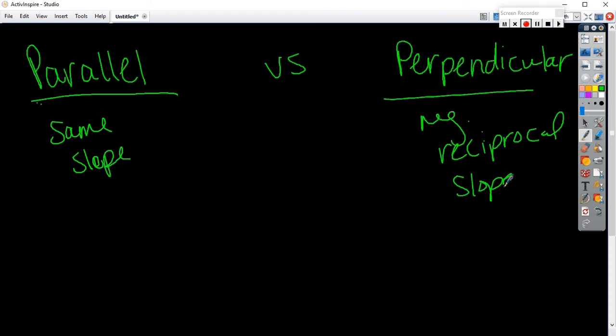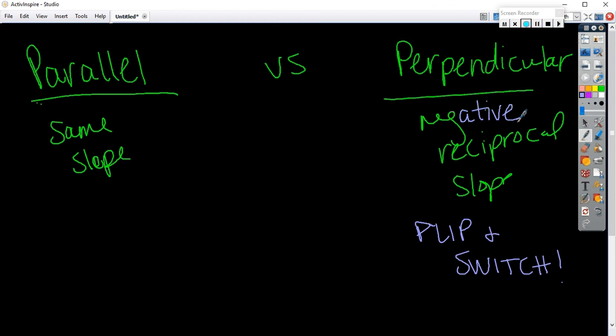I always call this the flip and switch. We're literally almost done, y'all. Negative reciprocal slope. Flip and switch. Y'all really will get used to my handwriting soon, I promise.